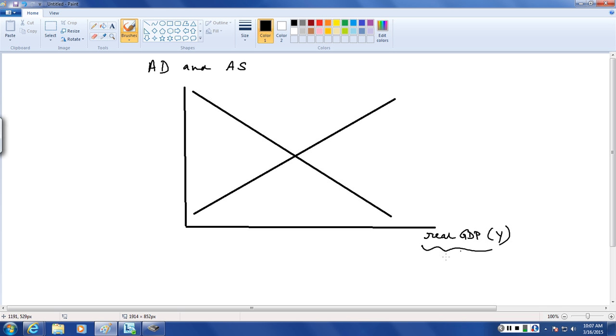So this here is all final goods and services, correct? What do we measure along the vertical axis? Well, that's going to be all prices, correct? And what is our measure of all prices?